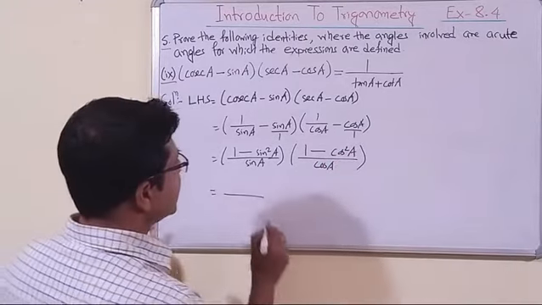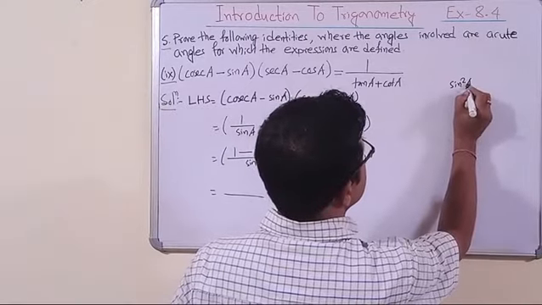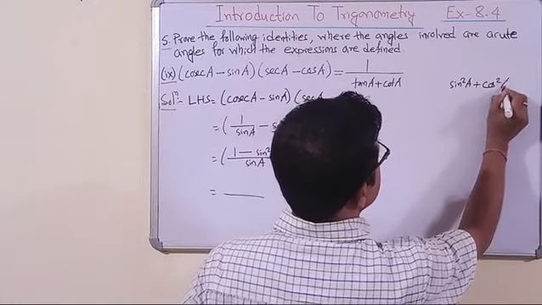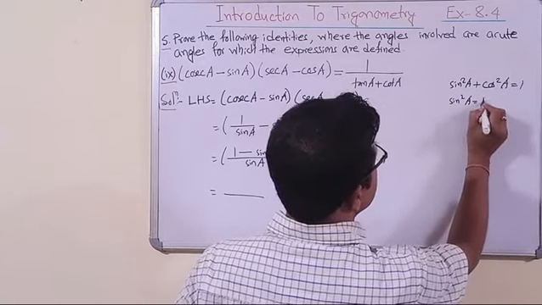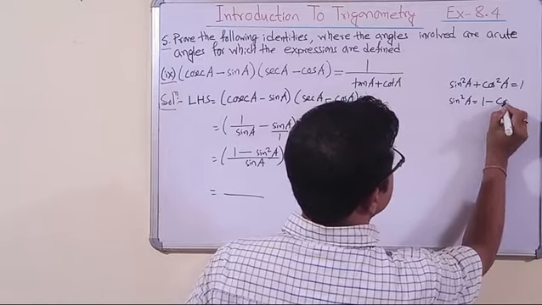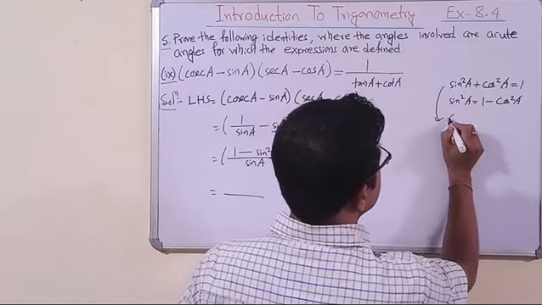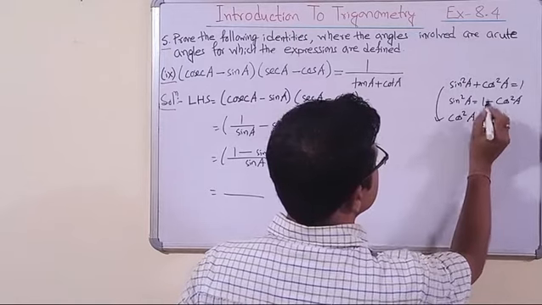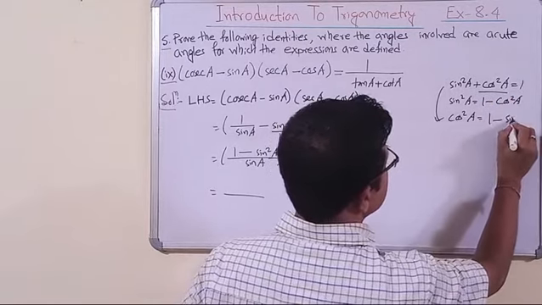Now according to the first identity, sin square A plus cos square A is 1. So sin square A means 1 minus cos square A. Again from here cos square A means this 1 and sin square A we have to take that side.